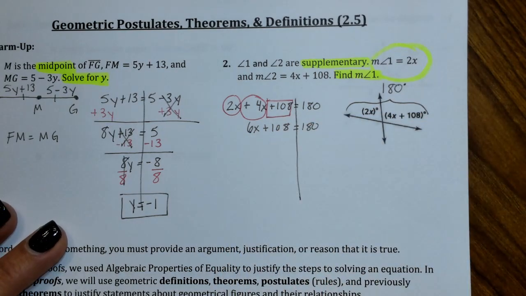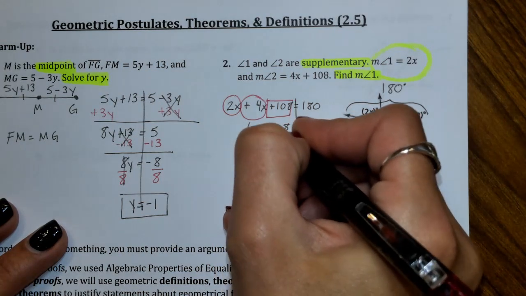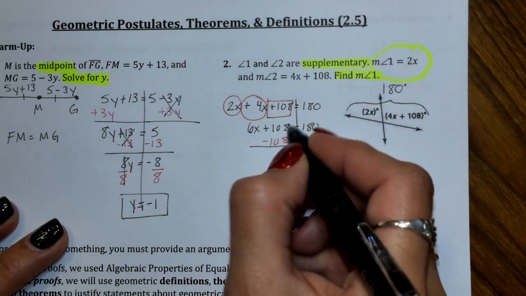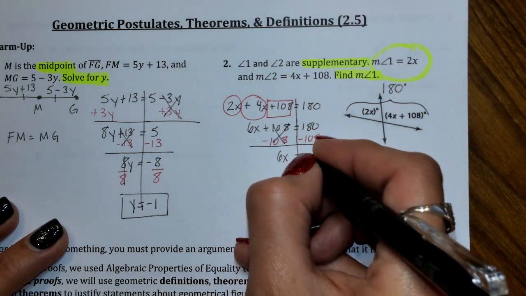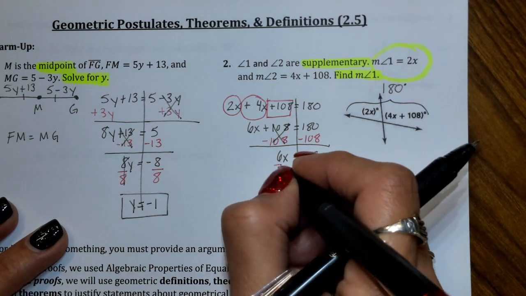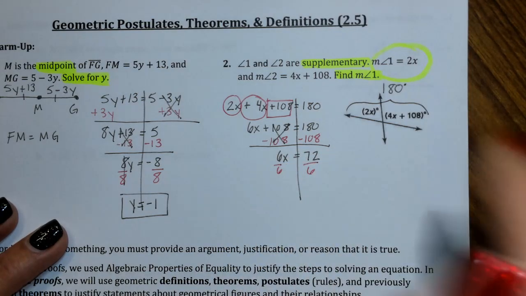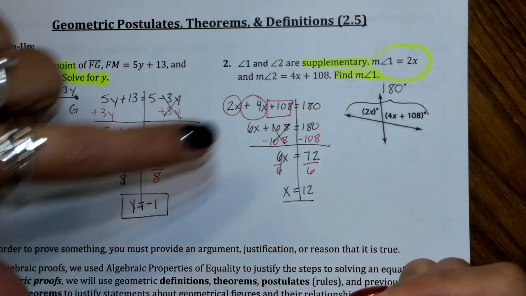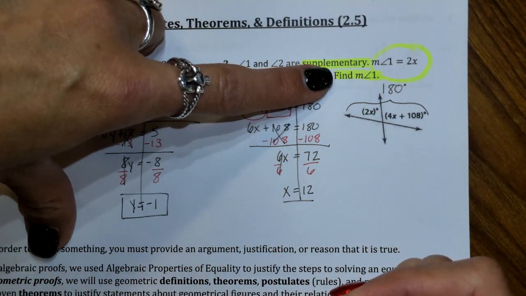Okay, variables are only on one side, so we need to get the 108 away from it. Subtract it out, get 72. Okay, last step to get x, let's divide. X is going to end up being 12. Now we are not done, because up here we want the measurement of angle 1.